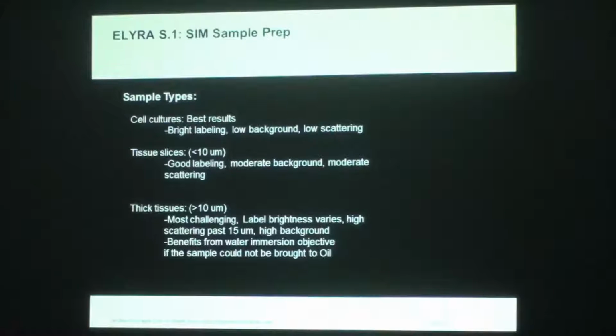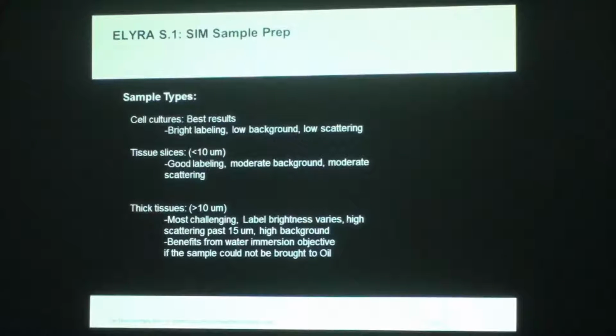Those STORM and PALM techniques work only with 1 micron sample distance, because those are pretty much a TIRF technique. With the STED, in exception, you can go much deeper, but again you don't have improvement in axial resolution with the STED.